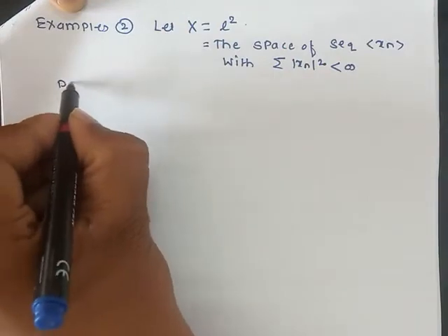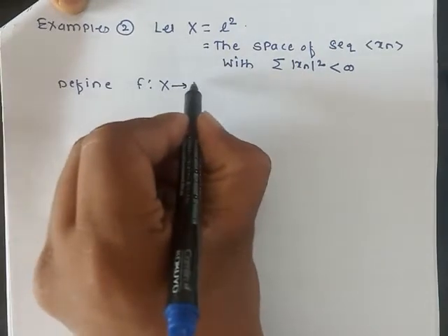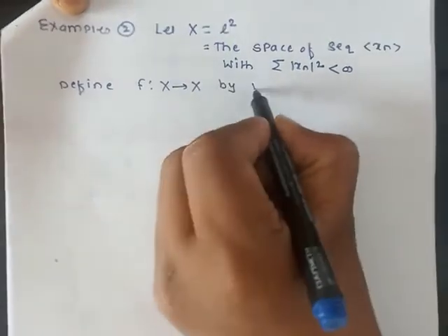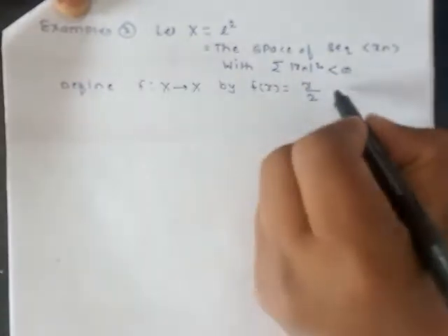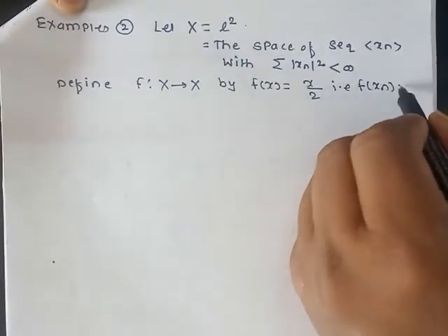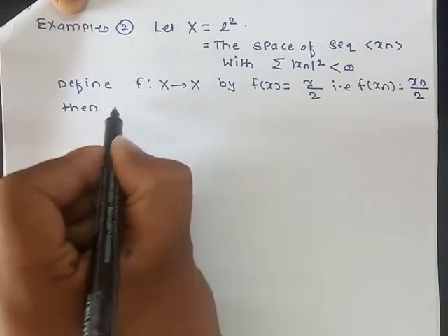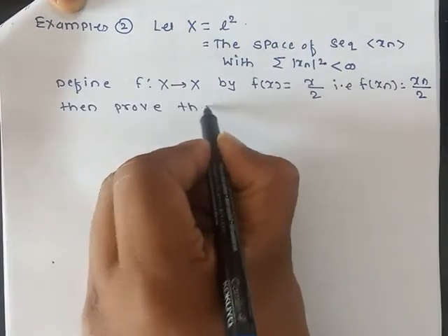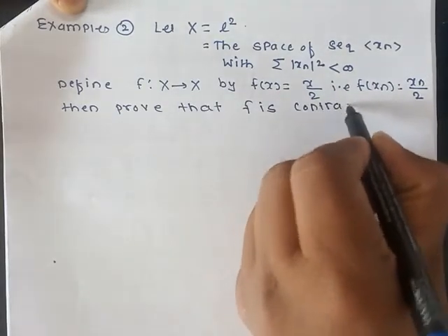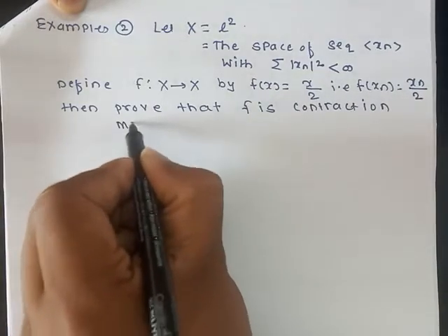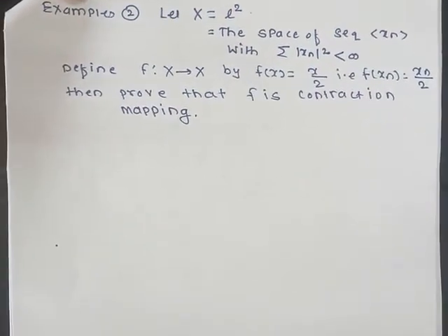Now define f from X to X by f of x equal to x by 2, that is, f of xn equal to xn upon 2, and prove that f is a contraction mapping.